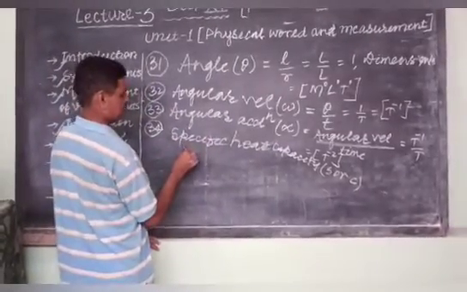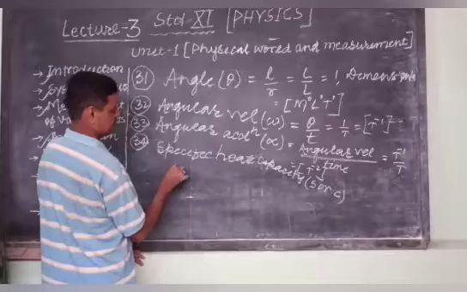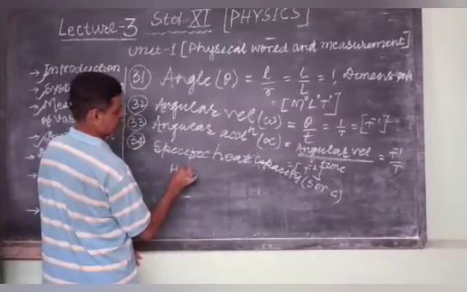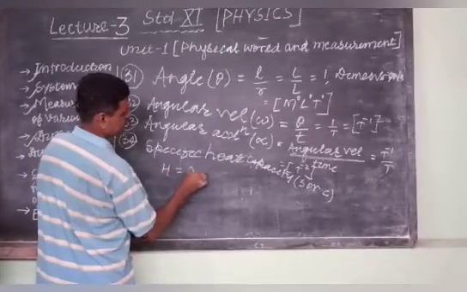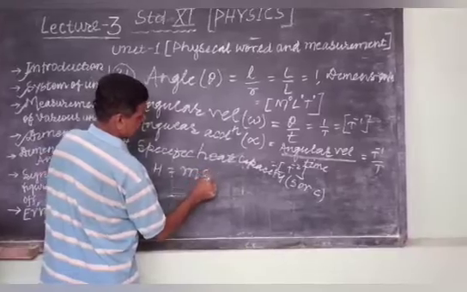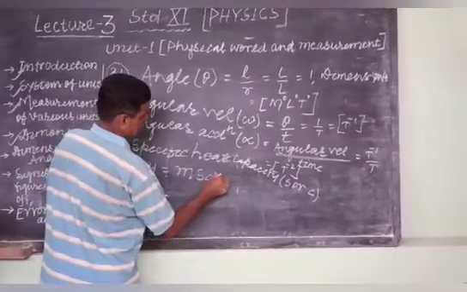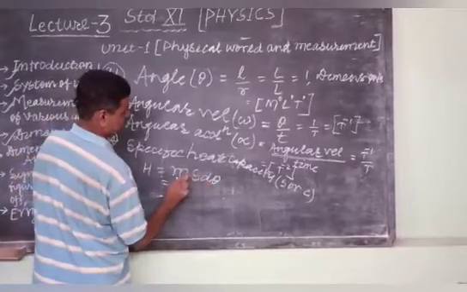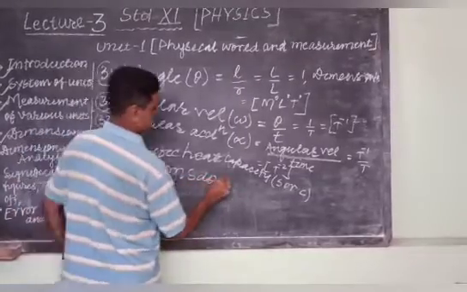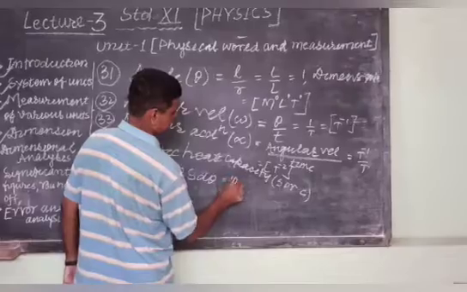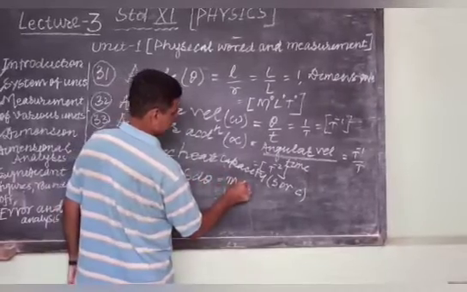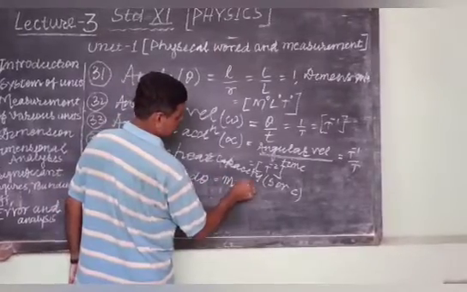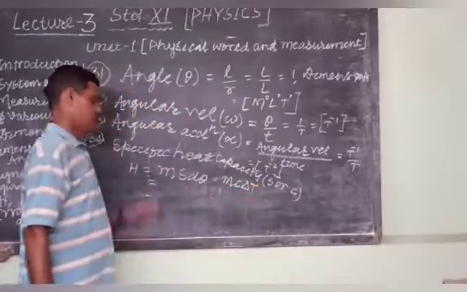So there is a formula: H is equal to ms d theta. We can also write mc del t. Both are the same.